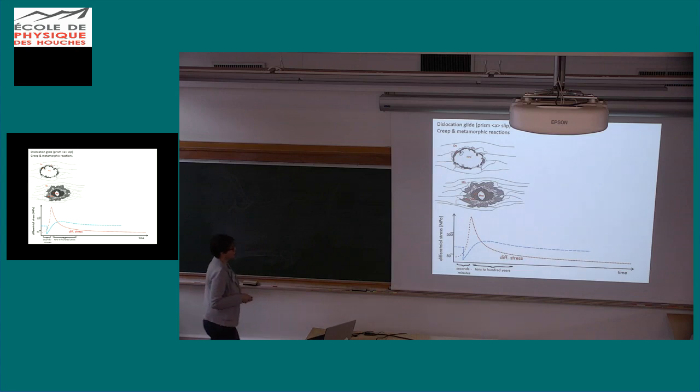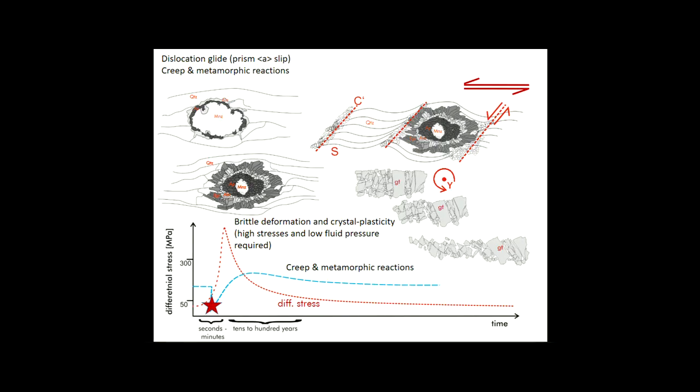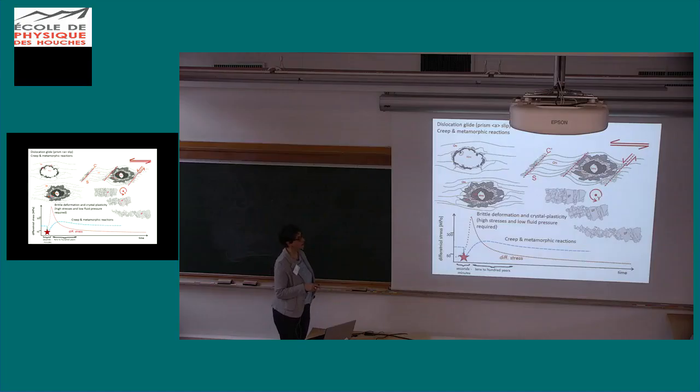So what do we see if we come back to our stress and pore fluid pressure and time sketches? We have a deforming rock, creep and metamorphic reactions going on. And then we have a kick event where we form fracturing within the quartz, formation of the shear bands during shearing, and cracking of our garnet, and then the rigid body rotation during creep.